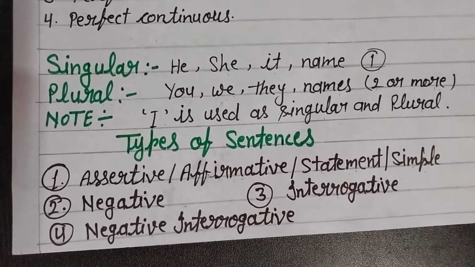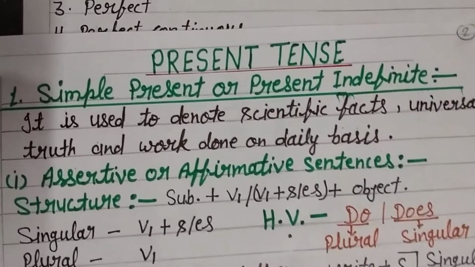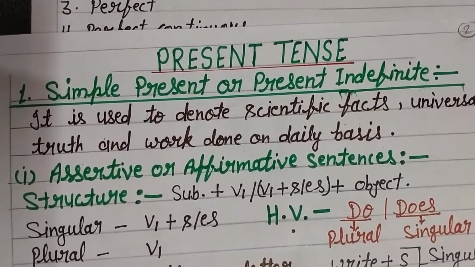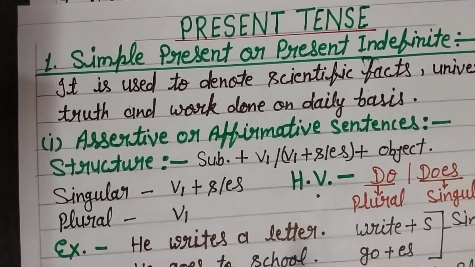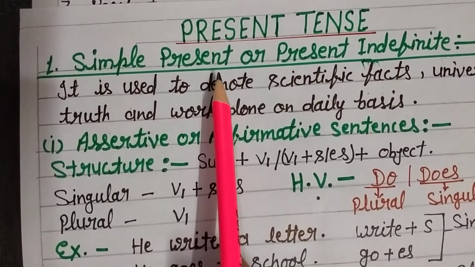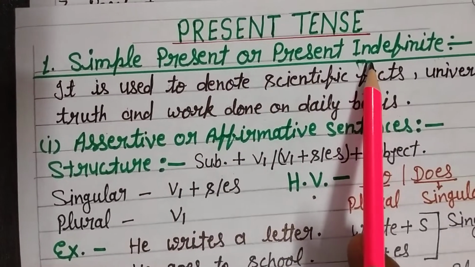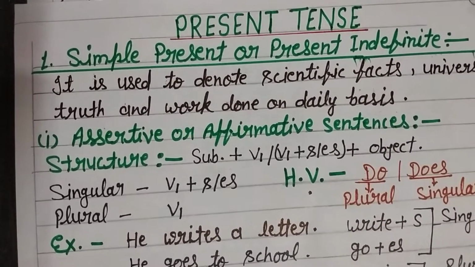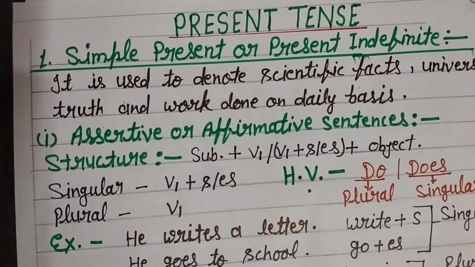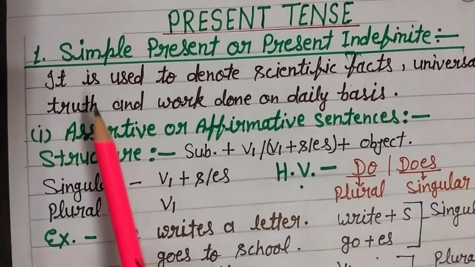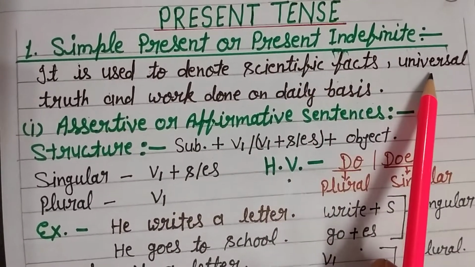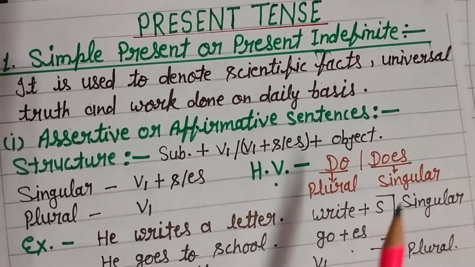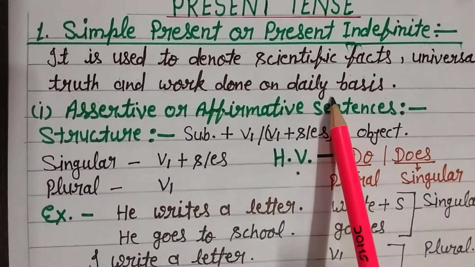And now we will know about the present tense. In present tense, we will divide it into four parts, and the first part is simple present tense or present indefinite tense. So where do we use the present indefinite tense? It is used to denote scientific facts, universal truth and work done on a daily basis.